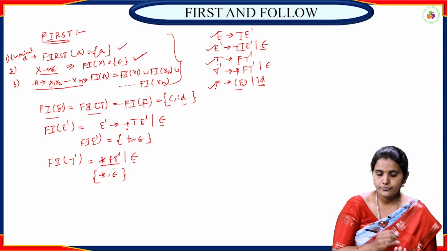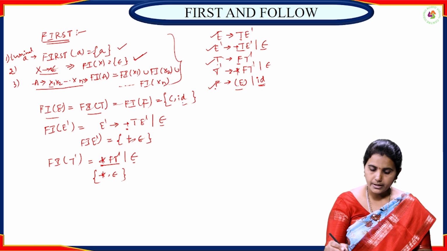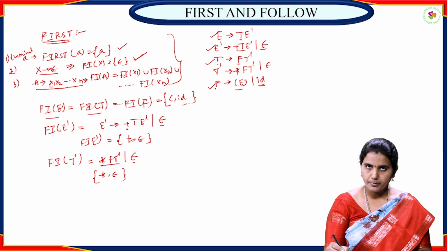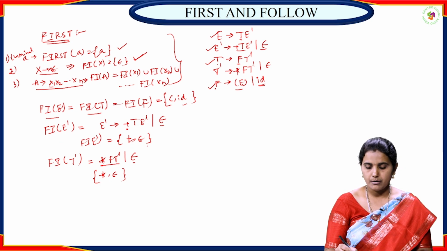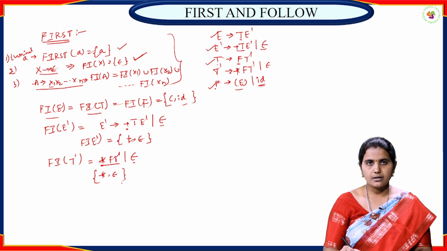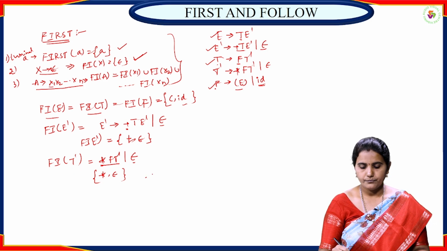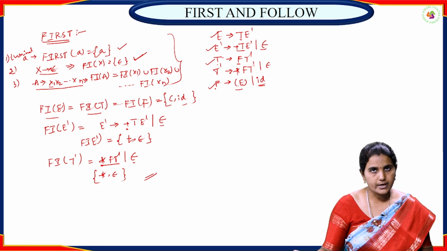So the first function: first of E equals open bracket comma ID. First of T equals open bracket comma ID. First of F equals open bracket comma ID. First of E dash equals plus comma epsilon. First of T dash equals star comma epsilon. This is your output. Let us go for the next example.